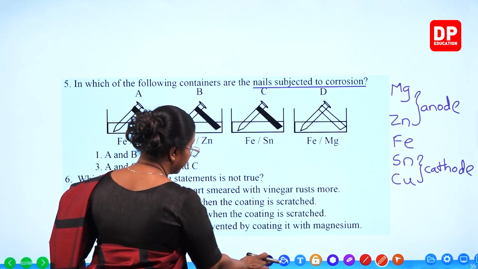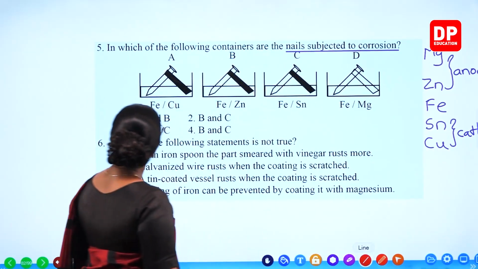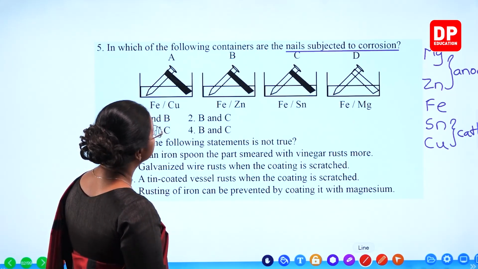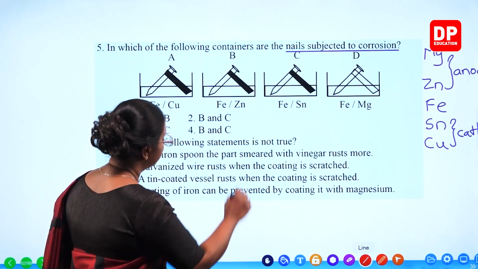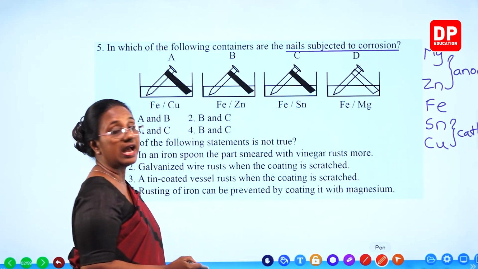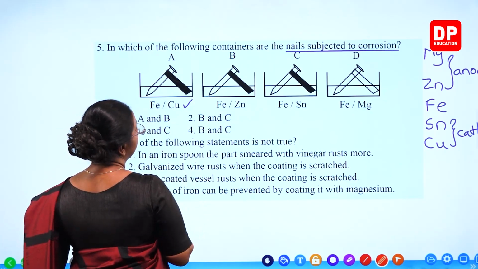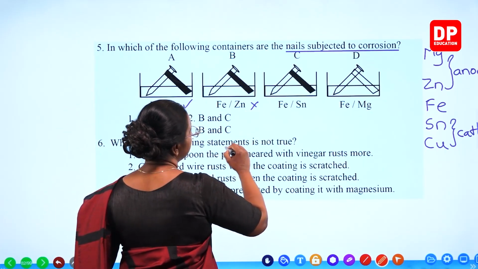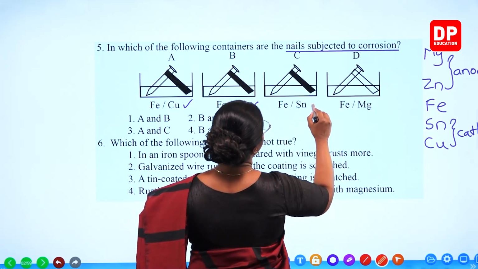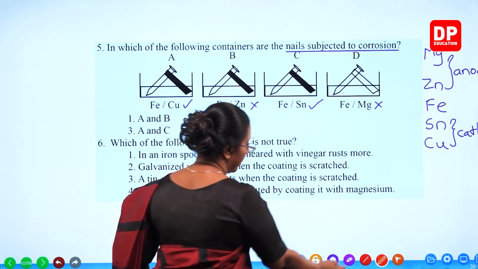So, if we look at the question, in which of the following containers are the nails subjected to corrosion? That is when the metals are below iron in the activity series. So, there will be no corrosion of iron in some, and there will be corrosion of iron in others.